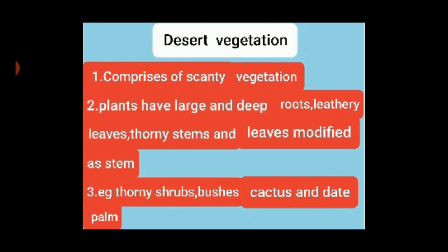This is the way desert plants adapt themselves to the dry conditions of the region. They have large and deep roots so that they can go deep underground and tap the water. Examples: thorny bushes, shrubs, cactus and date palms are found.